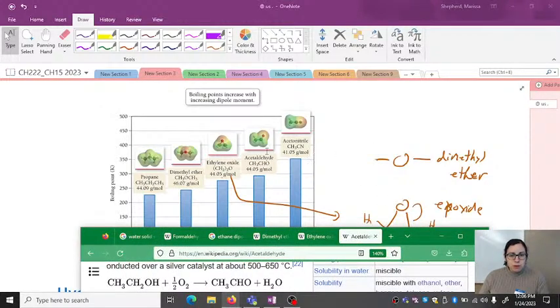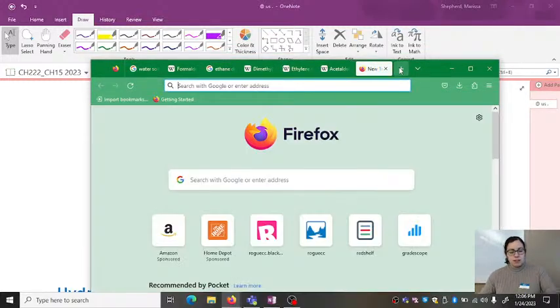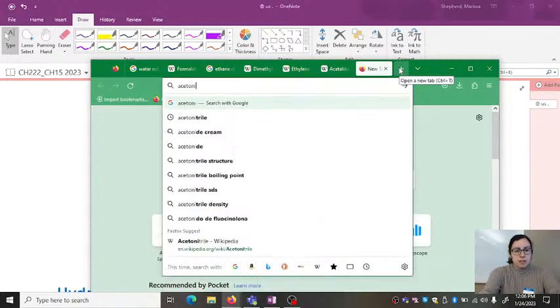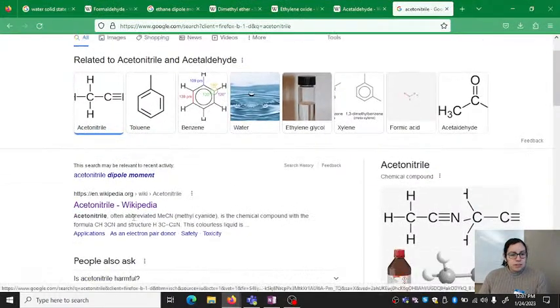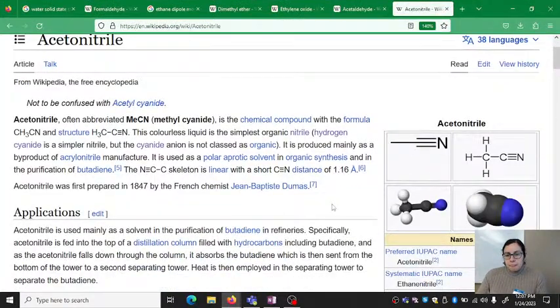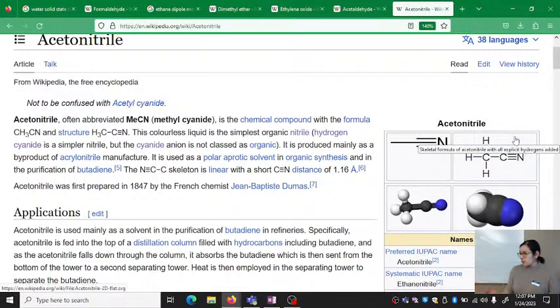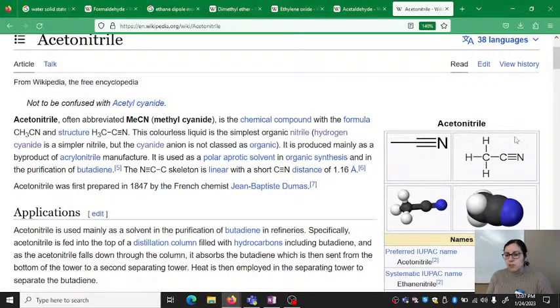And then the highest one over here and most polar is acetonitrile. We've kind of looked at acetonitrile before. And so the significance of acetonitrile, you could draw out the Lewis dot structure, and you'd also have your lone pair on the nitrogen over here.